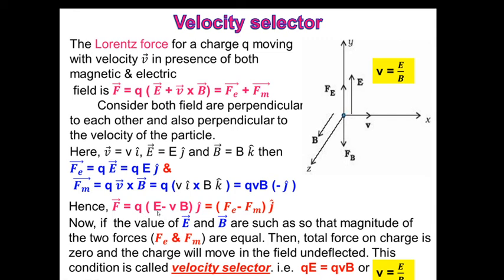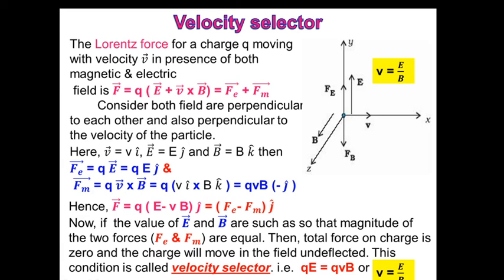Here qE is the magnitude of the electric force and qVB is the magnitude of the magnetic force. We can write the electric force minus the magnetic force in the j cap direction. Now if we select the values of E and B in such a way that the electric force and the magnetic force are equal, then the total force on the particle will be zero.